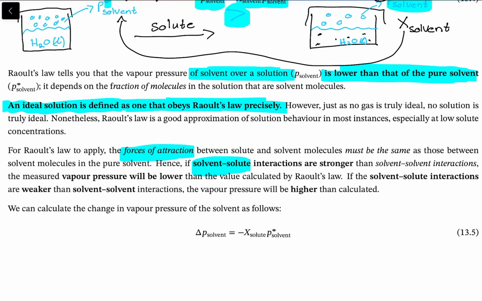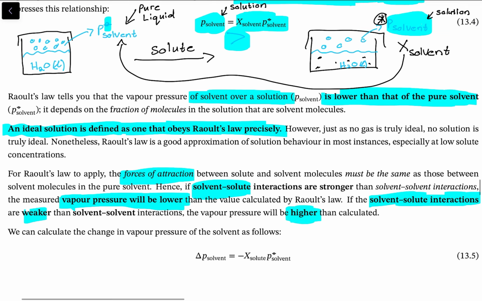If these interactions are stronger than we expect, then your vapor pressure is going to be lower than what you calculate from Raoult's law. Or if your solvent-solute interactions are weaker than you expect, then your vapor pressure is going to be higher than what you calculated.